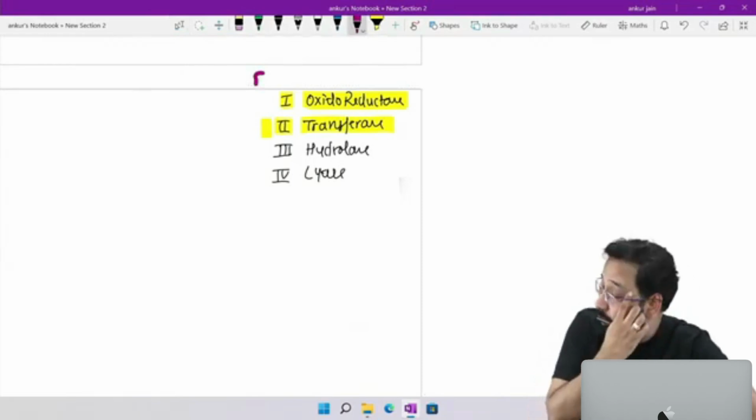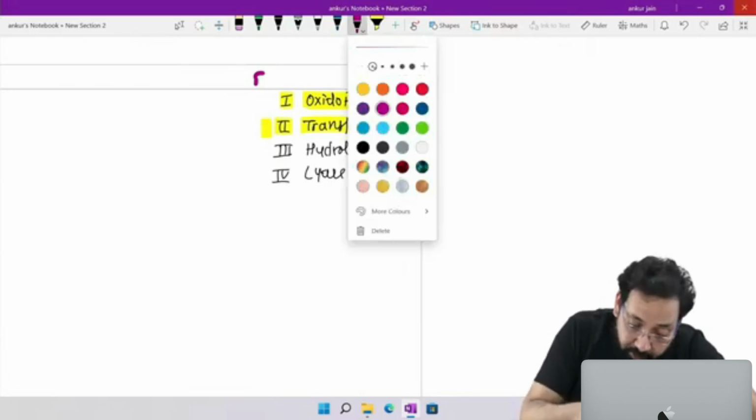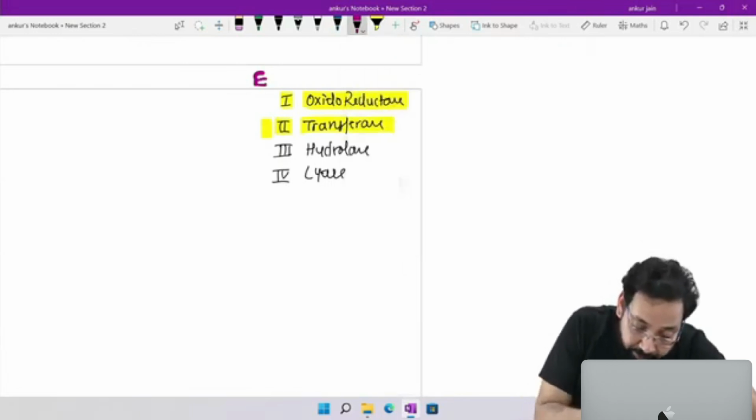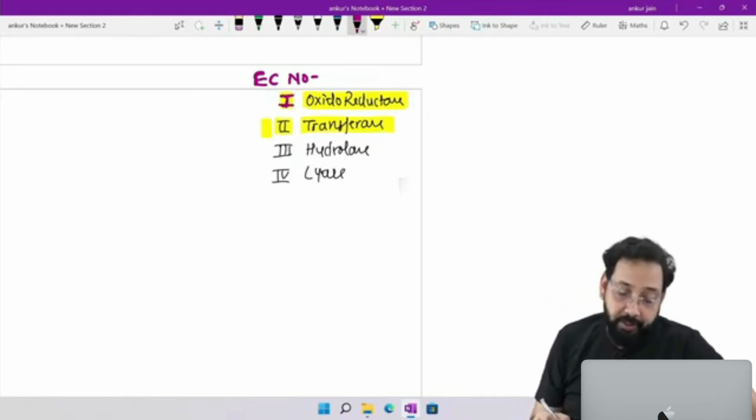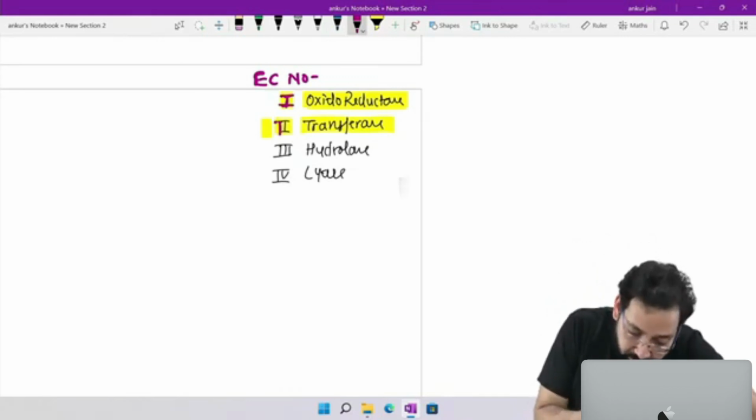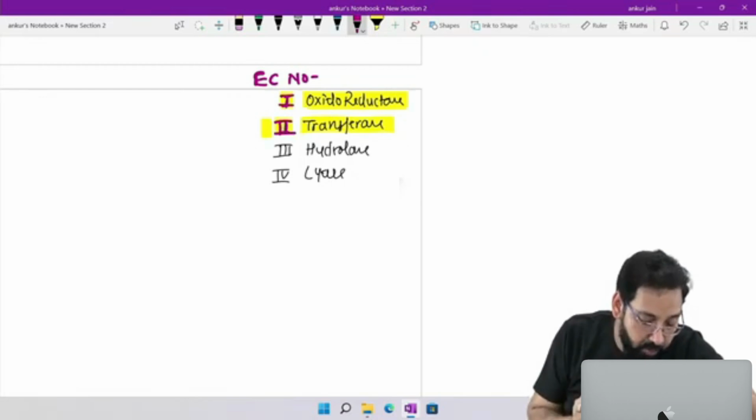Oxidoreductase is class 1, so the enzyme commission number is 1. Question is asked: what is the enzyme commission number of oxidase? 1. Of transferase? 2.